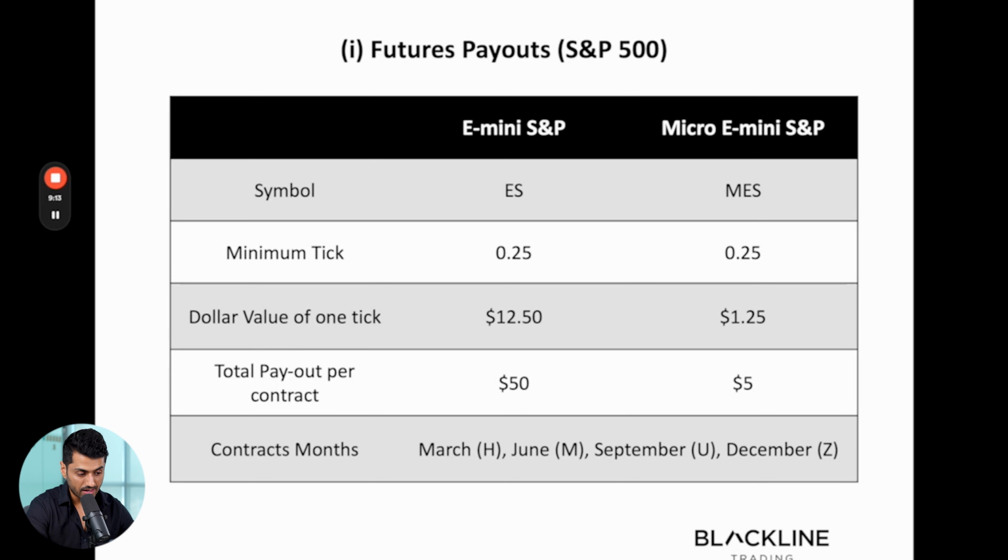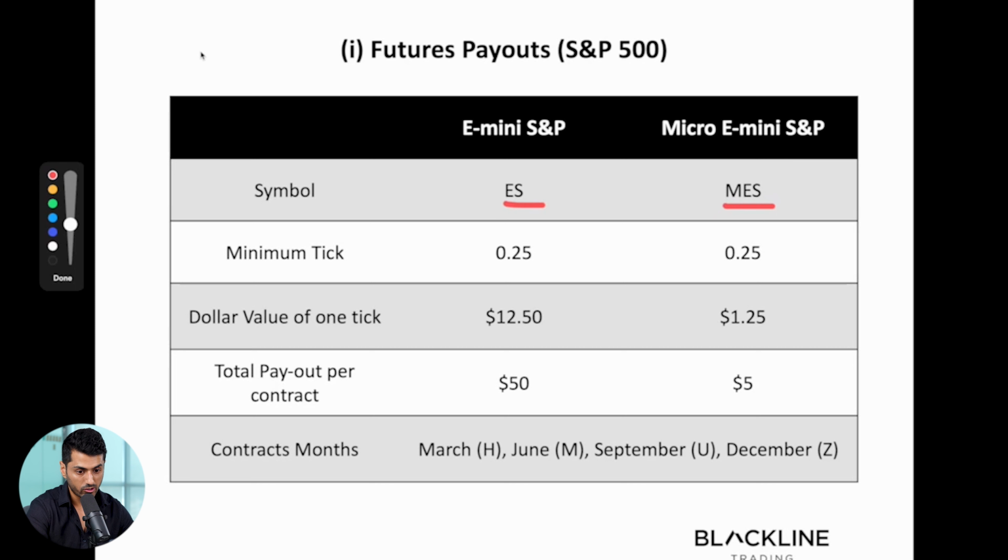So with that being said, let's summarize what we have just discussed. As we said, we can trade 2 types of contracts when trading S&P 500 futures. One contract will be E-mini, the second contract will be E-micro, right? The symbol for E-mini S&P will be ES. For micro, it will be MES.